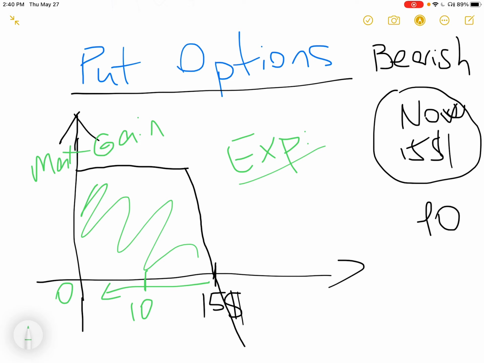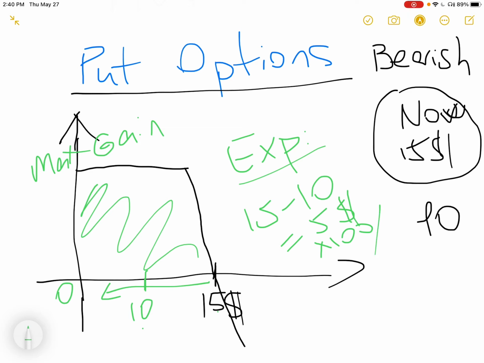So upon expiry, you had a strike price of 15, the current price is at 10. So 15 subtracted by 10 is $5. And you can exercise them for 100 shares.